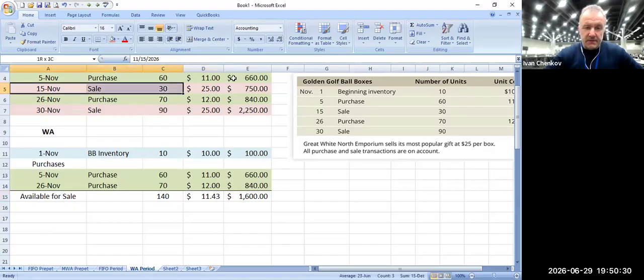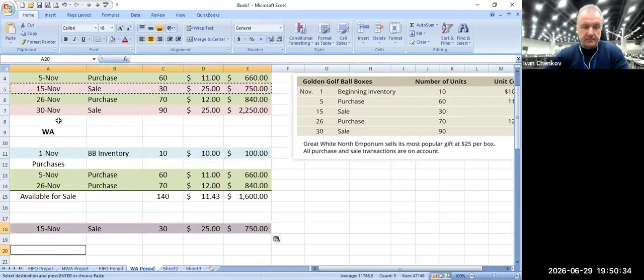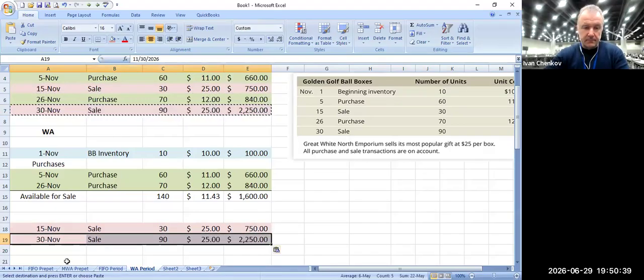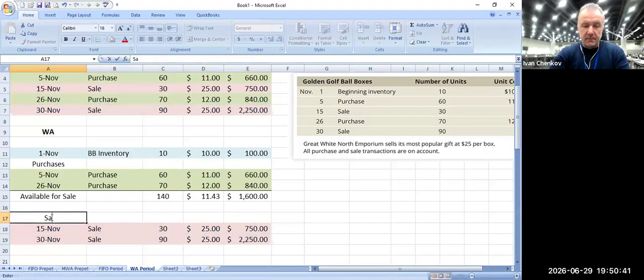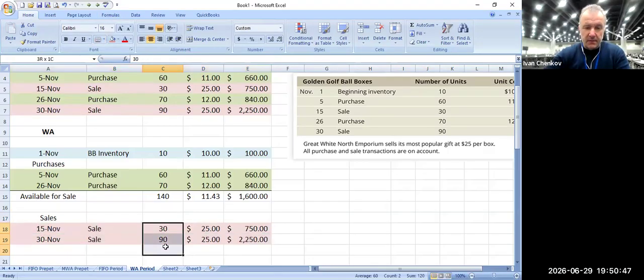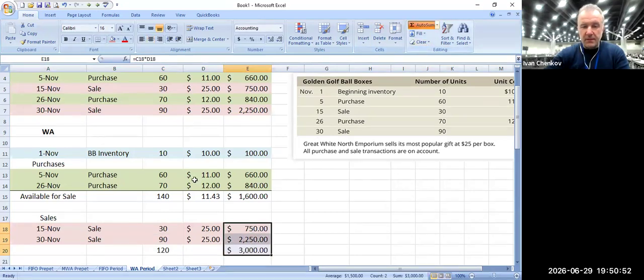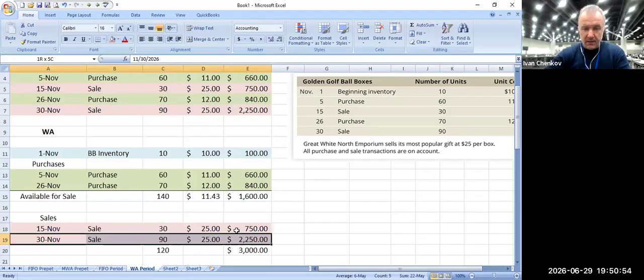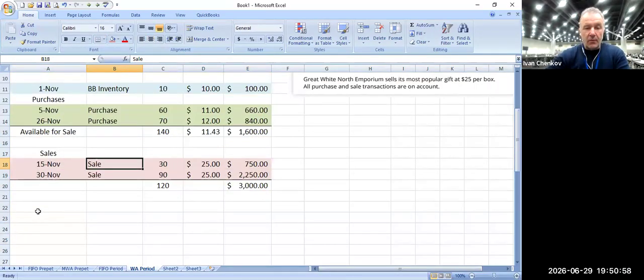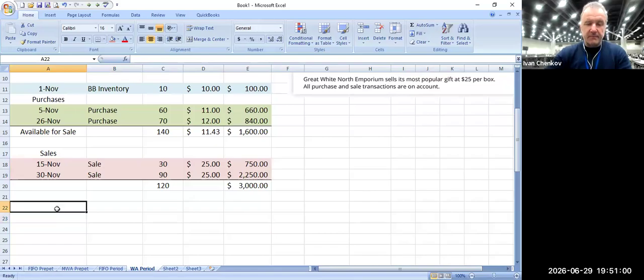Now we're going to have our sales. Sales are not going to change. That's our sales. And our total sales, again, the same. Nothing's going to change in the sales. We're selling those 120 units and we're getting $3,000. Now the question is, what's the ending balance of our inventory?